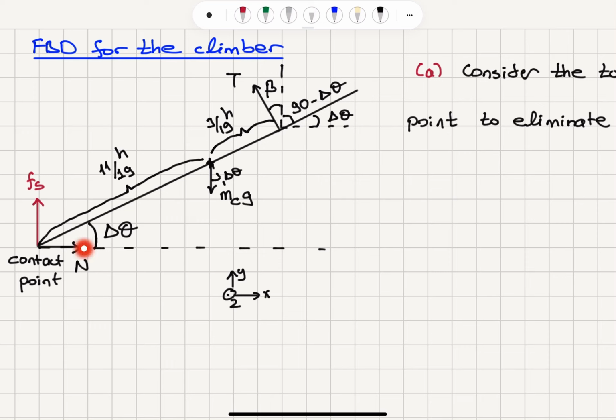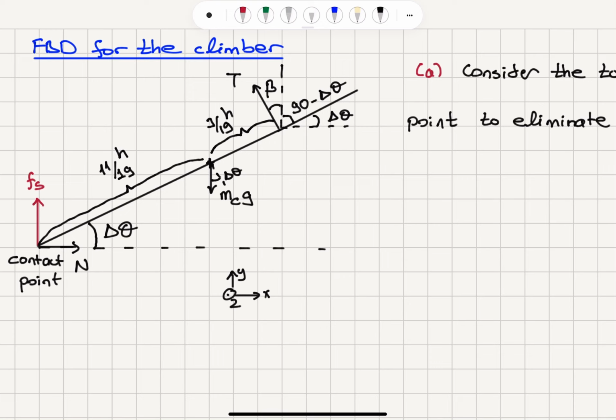This is 90 minus delta theta. And then we have the tension making an angle beta plus 90 minus delta theta with respect to the climber's body. And in addition, we have the contact point normal force and static friction pointing up. So we have drawn all the forces acting on the climber.